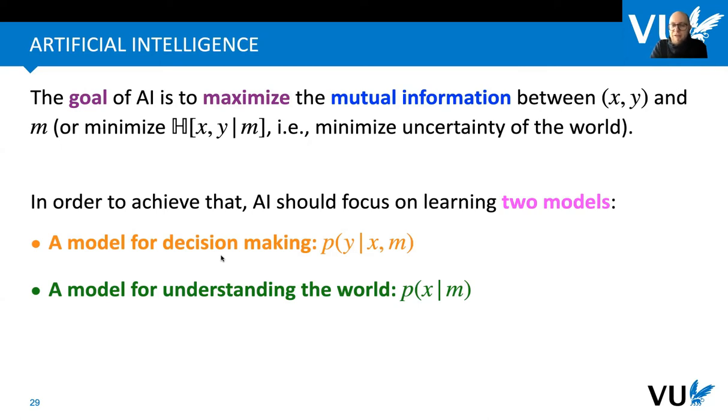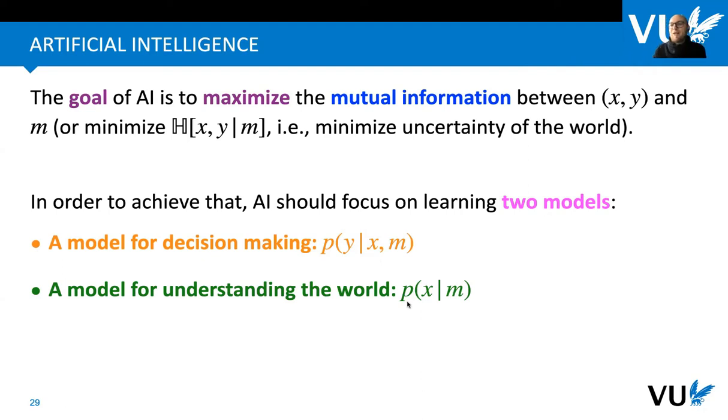I think it's way easier to learn a decision-making model than to train a joint model. But what I want to convince you is that we should look at these two models together, and we shouldn't forget about this green model.